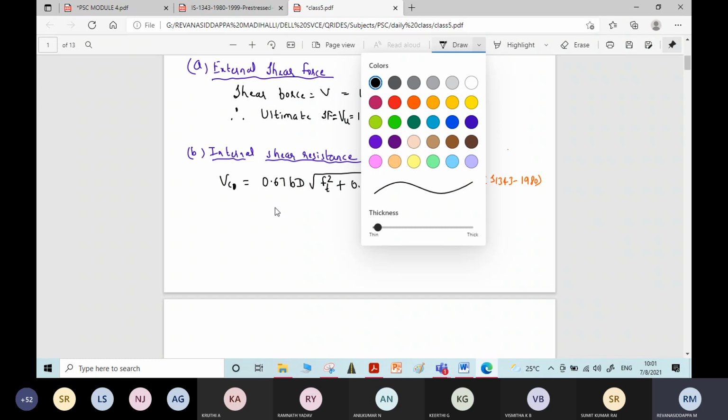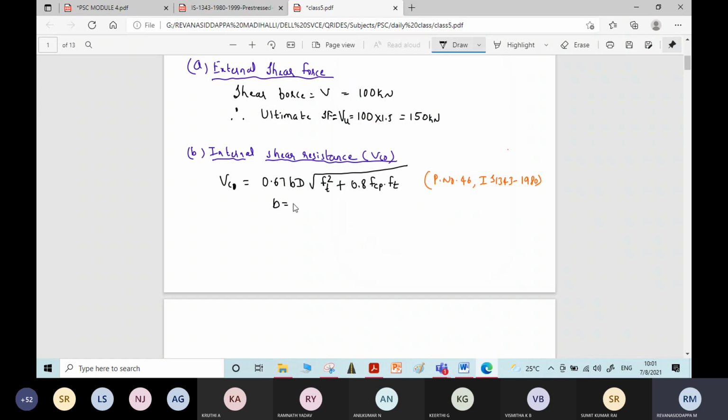B is known, B equal to 150, width of beam, and overall depth of the beam. Overall depth of the beam is 300 mm.